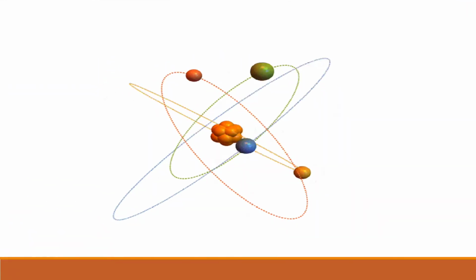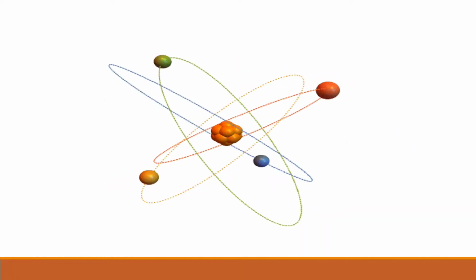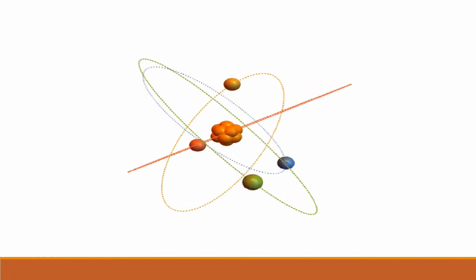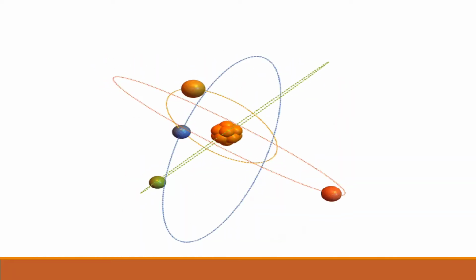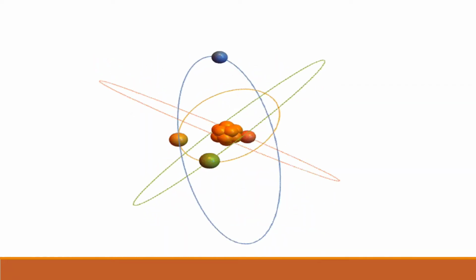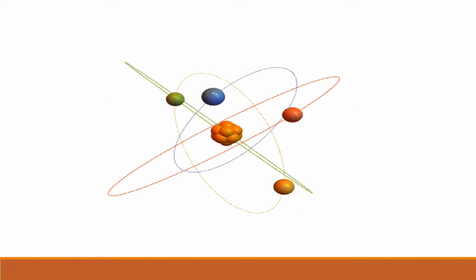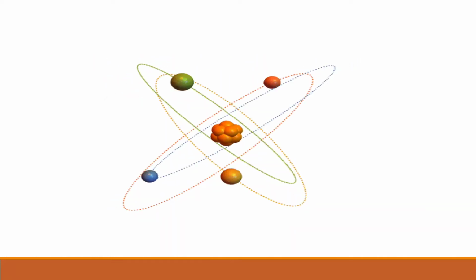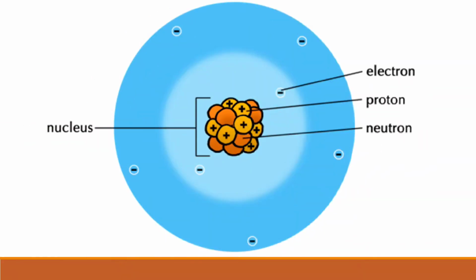If you can still remember, in the first class we talked about matter. As we all know, all matter is made up of very small particles, which are the atoms. So, this is an atom that consists of 3 types of smaller particles.